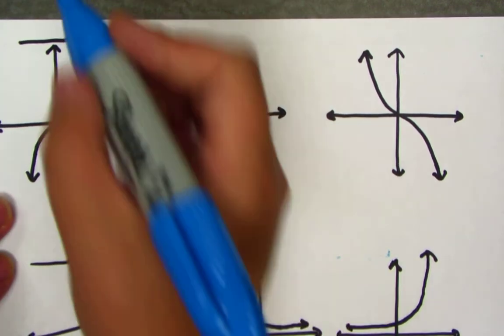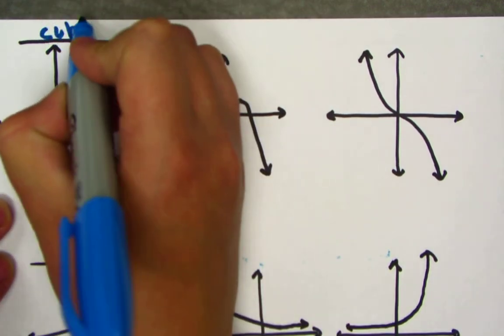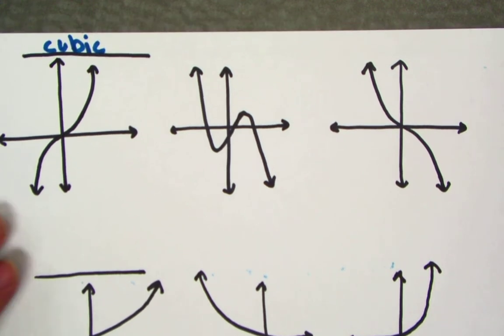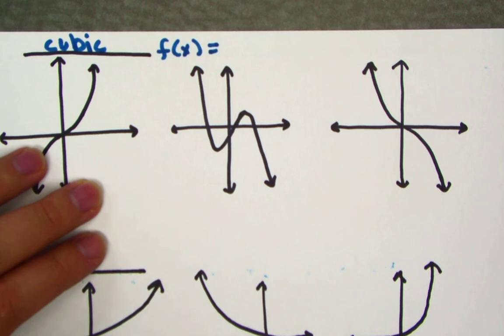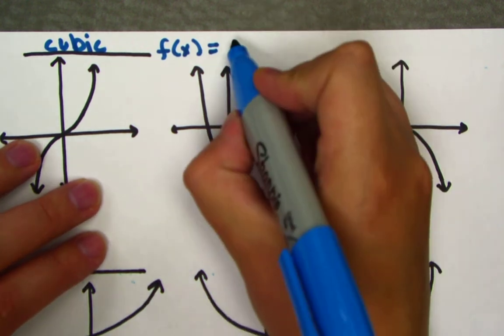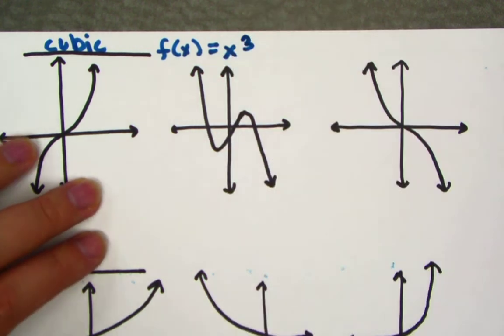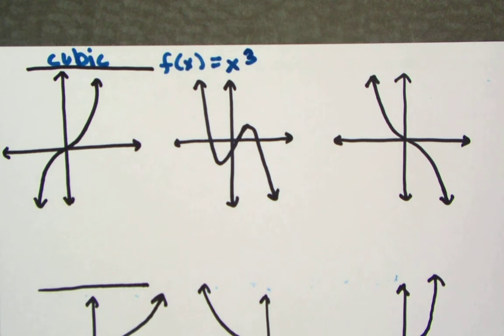Now let's look at cubic functions. Cubic functions occur when the highest exponent is not a 2, but a 3. So f of x equals x to the 3rd power, or x cubed.